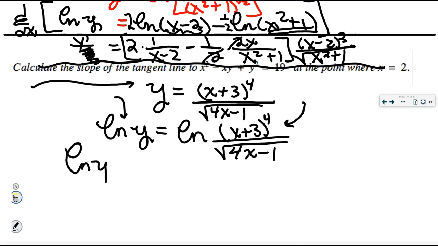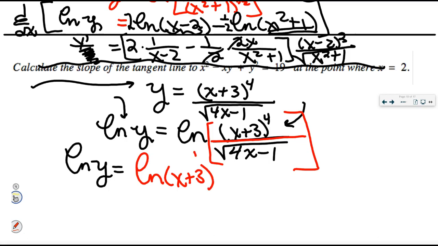So I'll have the natural log of y is equal to the natural log of x plus 3, where division expands into subtraction. The minute I'm about to write to the 4th power, I'm going to use that property of natural logs to bring it out front, minus the natural log of 4x minus 1 to the 1/2 power, but powers come out front of natural logs.